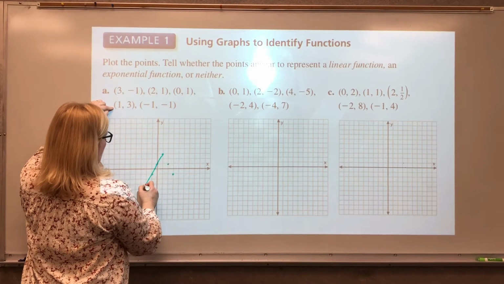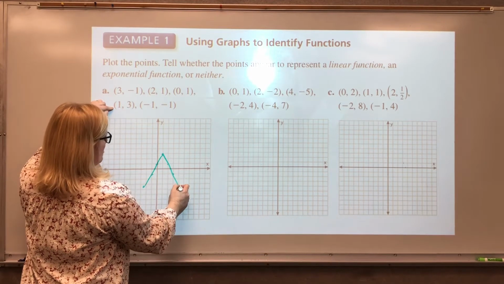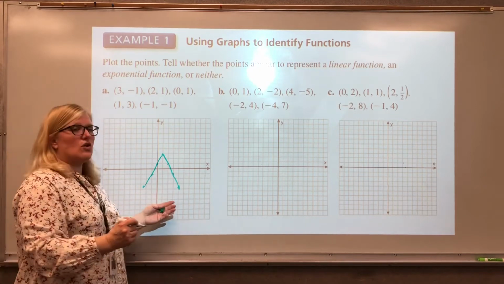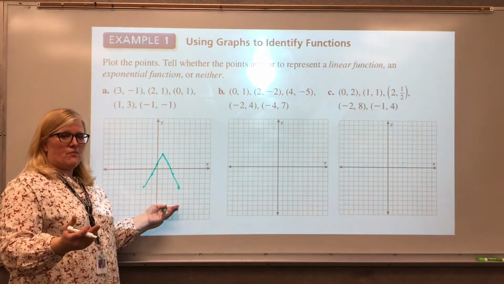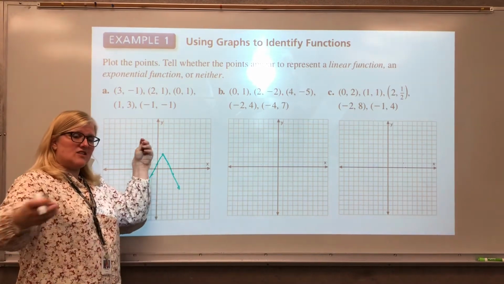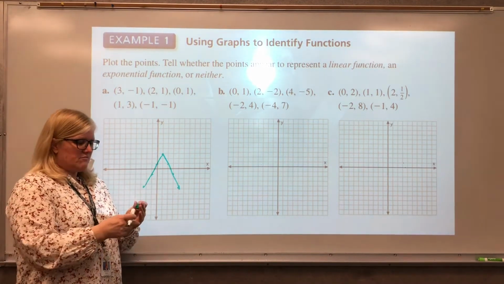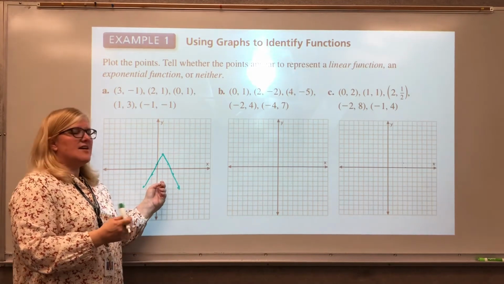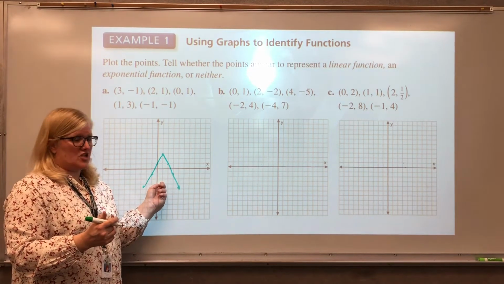So here we have a function that looks like this. So is that linear or exponential or neither? Well, in this case, it's neither. I have 2 lines here, but it doesn't go into one straight line. So it's not linear. This is actually something called an absolute value function.